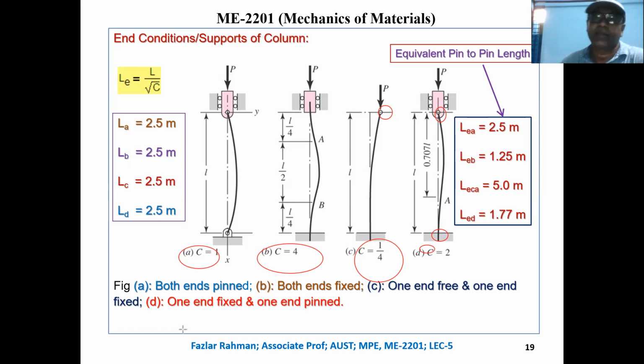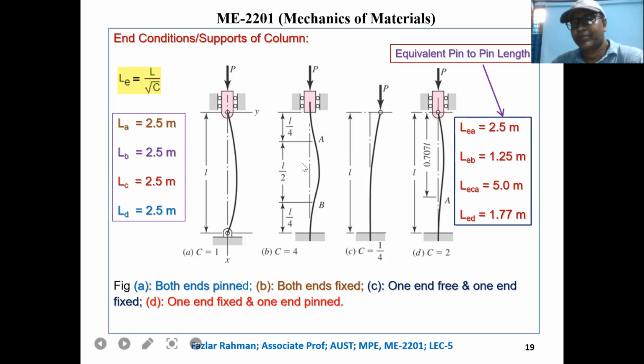What's the difference? That means we derived the Euler equation for pin to pin, right? But look at figure B. This is not pin to pin, right? So you cannot use this Euler equation right over here.